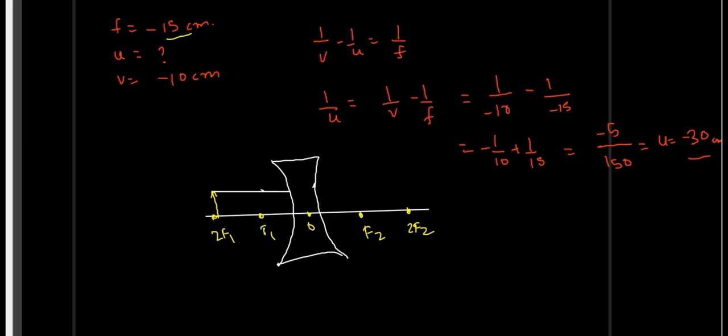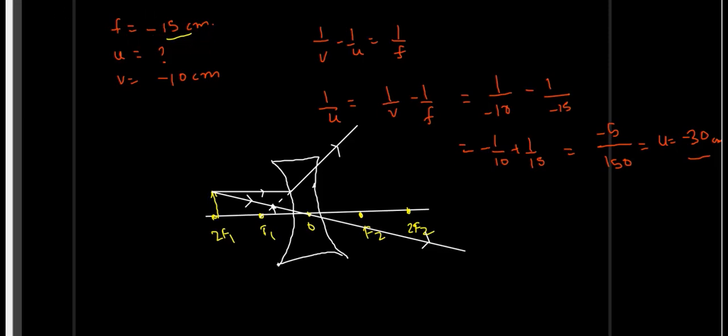The ray which is parallel to the principal axis will appear to pass through the focus, so it goes like this since it's a divergent lens. Another one we will take through the optical center, and the one that passes through the optical center goes straight. So my image formed is over here. You can see this is my image. Clear? So this is the ray diagram. I hope you all can do this.